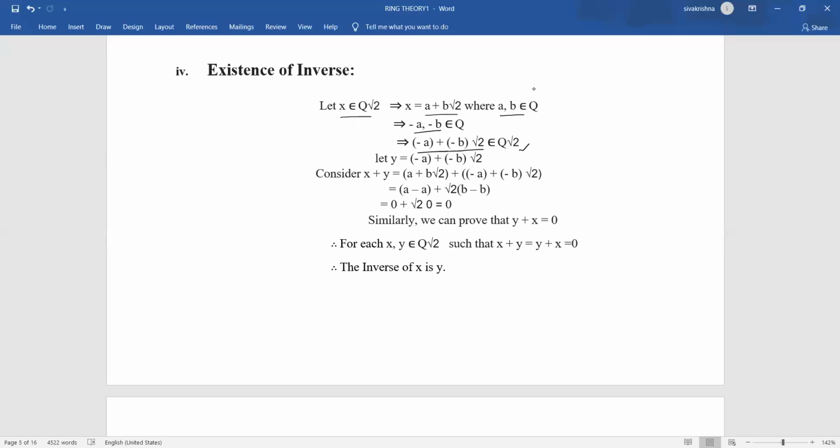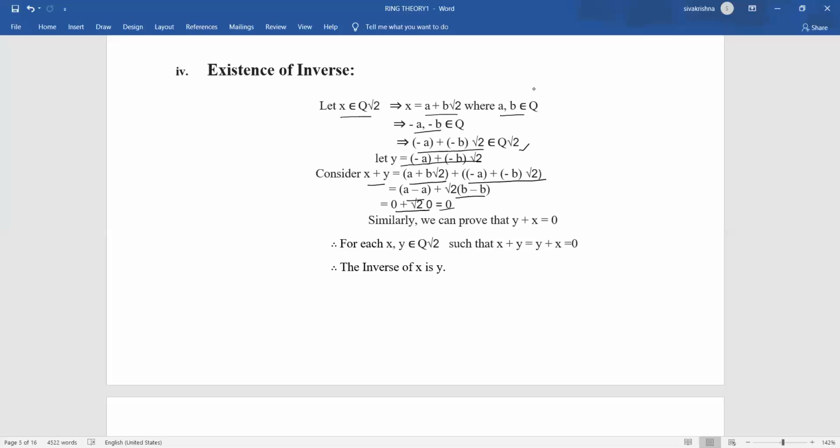I am naming this element as y. Let y be equal to minus a plus of minus b into root 2. Now I am considering x plus y. x is nothing but a plus b root 2, and y is equal to minus a plus of minus b into root 2. If we add these two elements, the first element of x with the first element of y gives a minus a, and the second element of x with the second element of y gives root 2 into b minus b, which is equal to 0 plus root 2 into 0, which is 0.